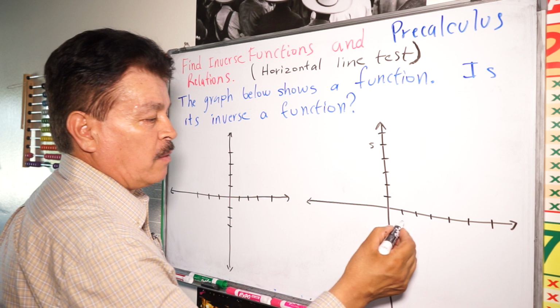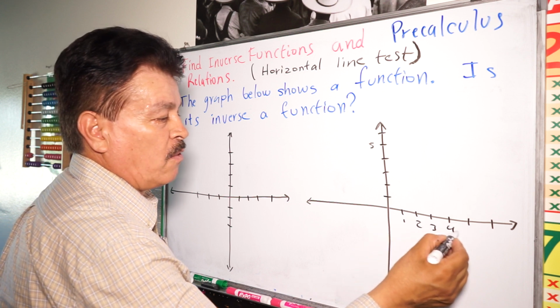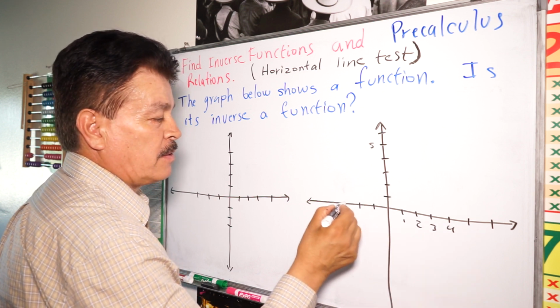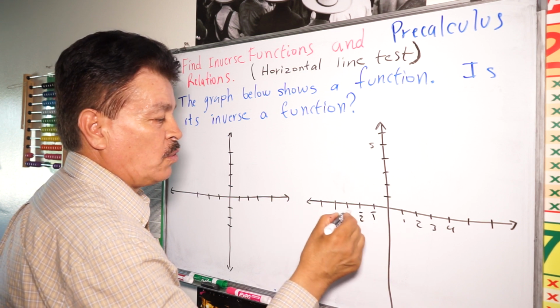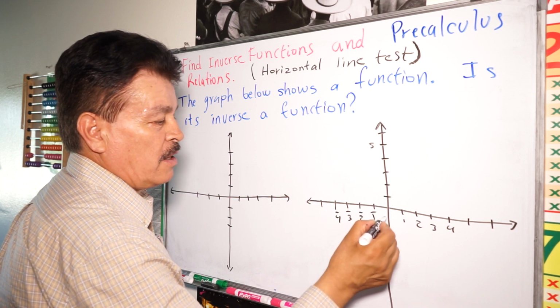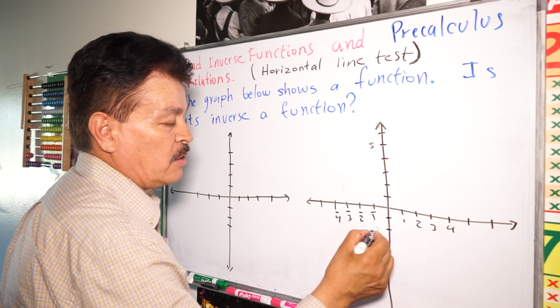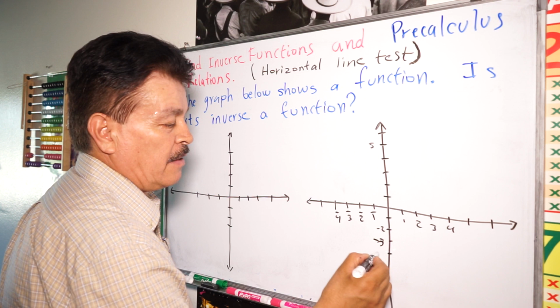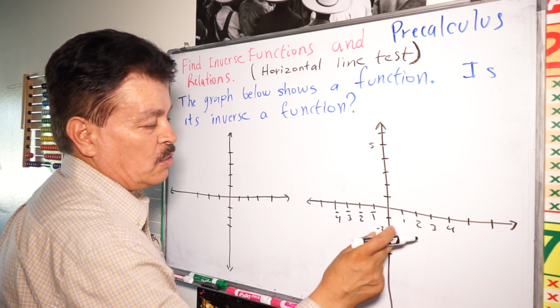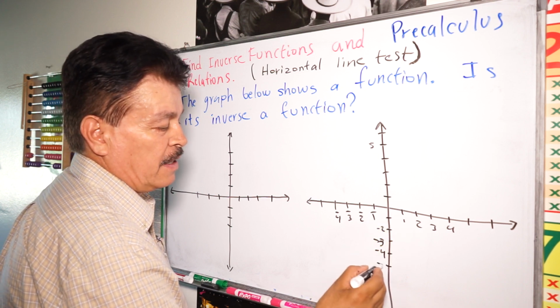Let me write here 1, 2, 3, 4, -1, -2, -3, -4, -1, -2, -3, -4, 1, 2, 3, 4, -5.